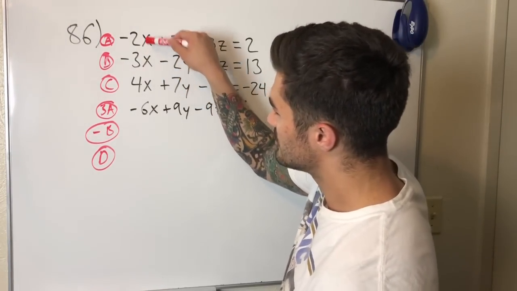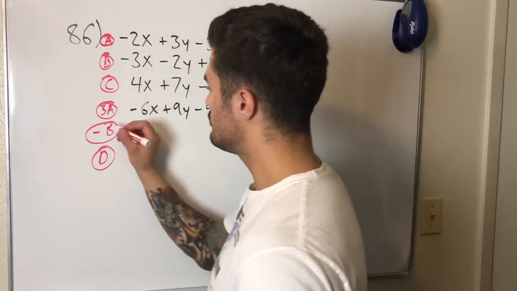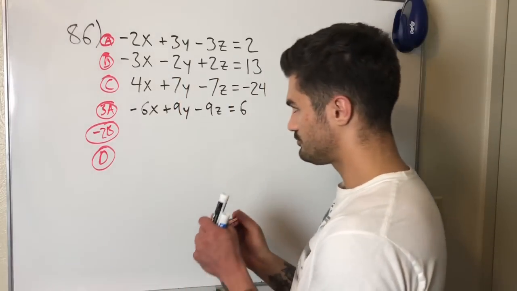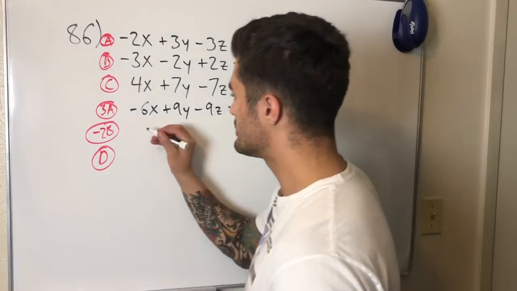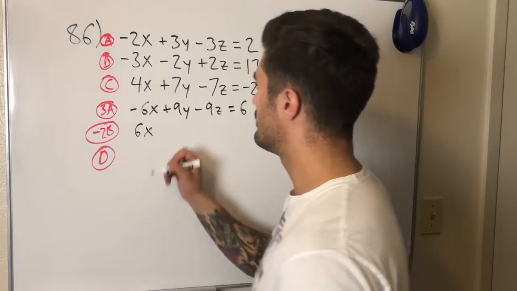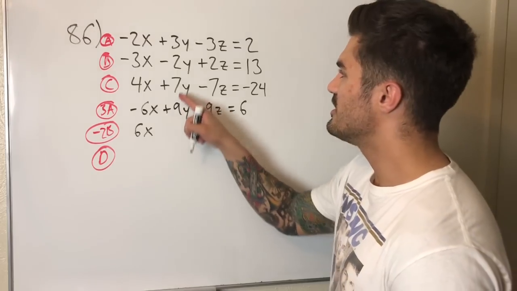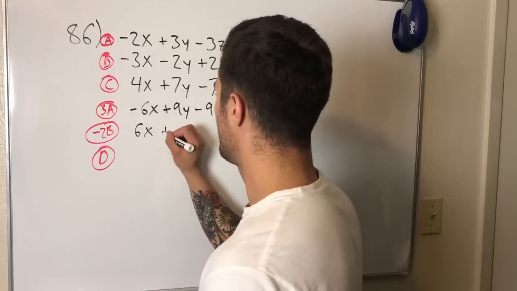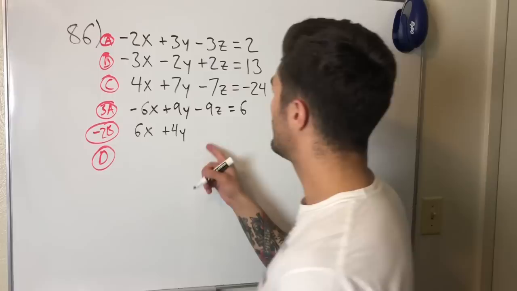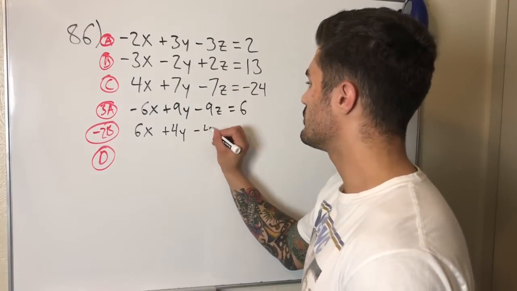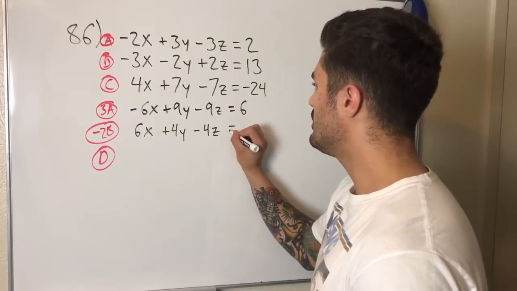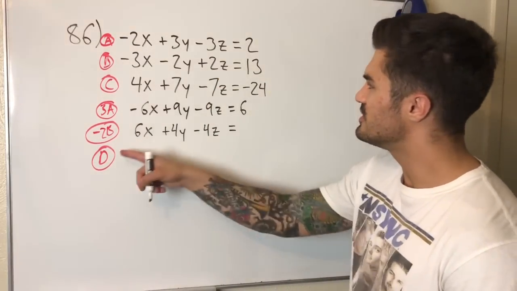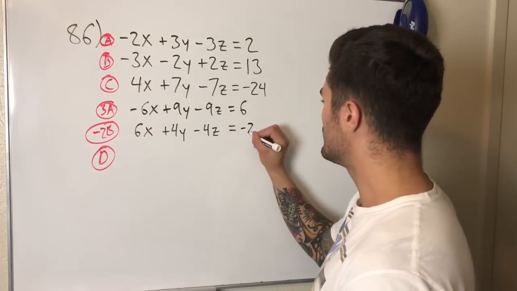This one by 2, this one by 3. So negative 2b, and I get 6x. And then what else do I get? Negative 2 becomes plus 4, so plus 4y, minus 4z equals, let's see, negative 26, all right?